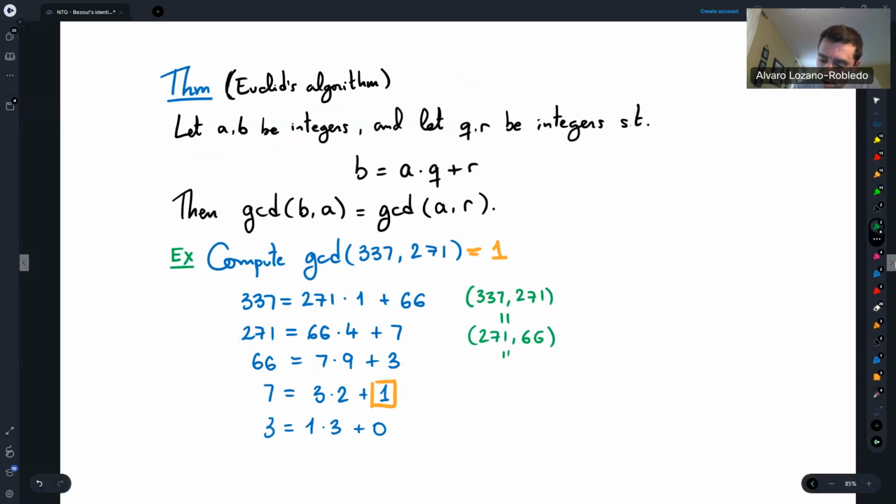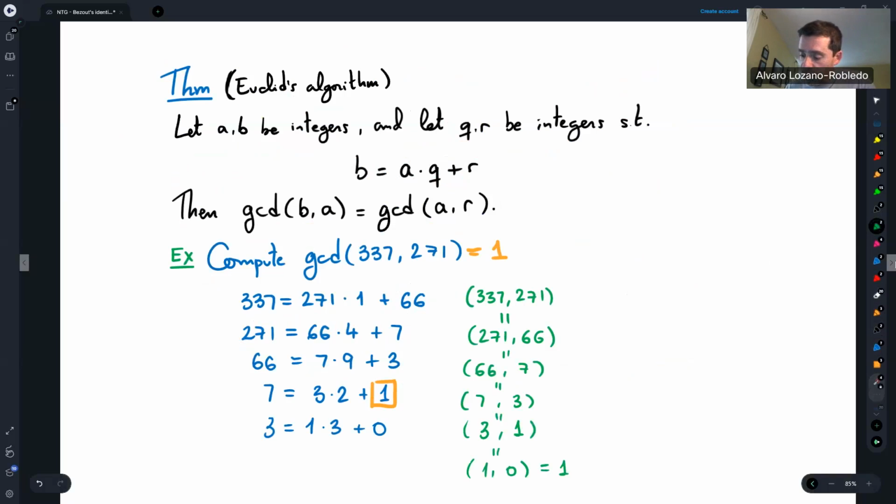The third equation tells me that 66 and 7 have the same GCD as 7 and 3. And the fourth equation tells me that 7 and 3 have the same GCD as 3 and 1, which is obviously 1. Or if you go to the next equation, that's the same as the GCD of 1 and 0, and we know that's 1. So if you read it from the top, this tells me that the GCD that I wanted equals 1, which is what we wanted to find out.